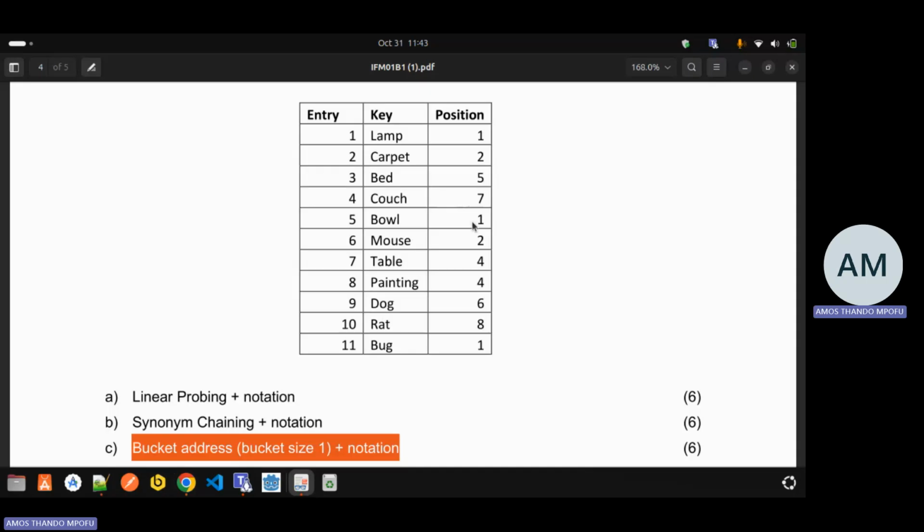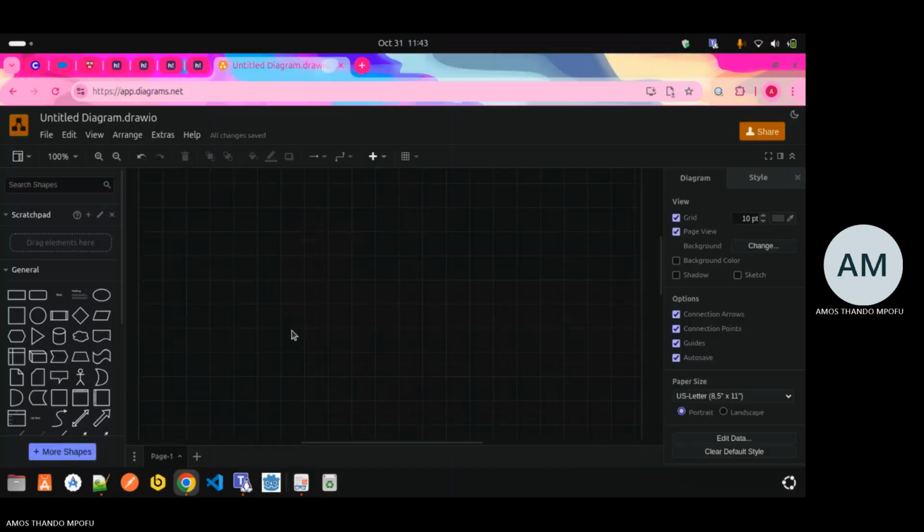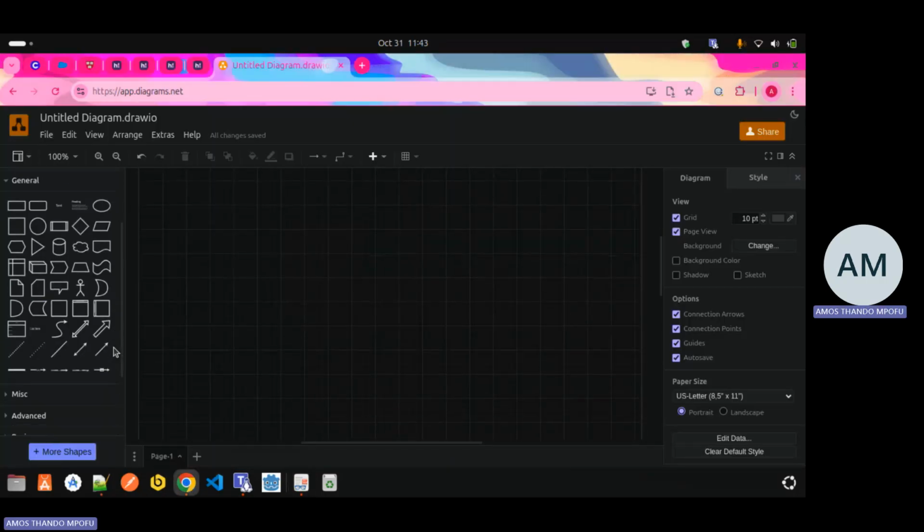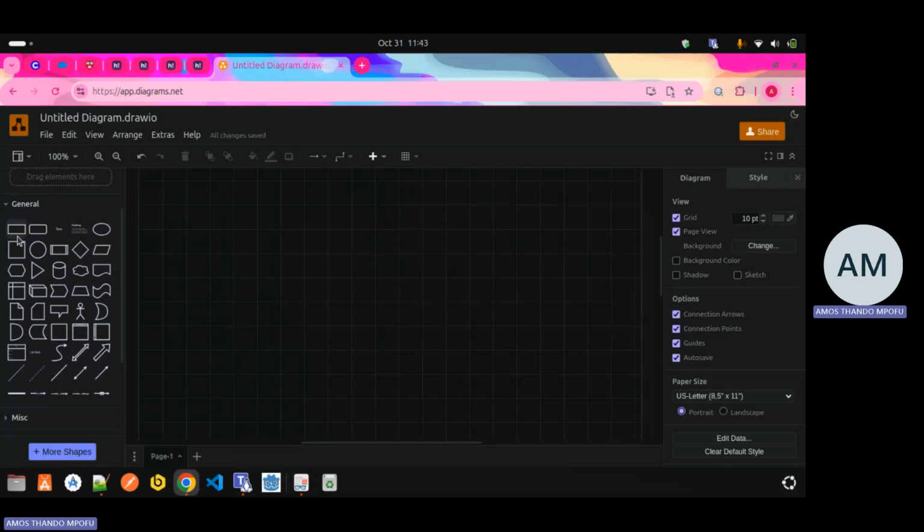You say position and then record. So 1, 2. Oh, okay. It's 1, 2, 3, 9, 11. So I need 11 rows, right? 11 rows.